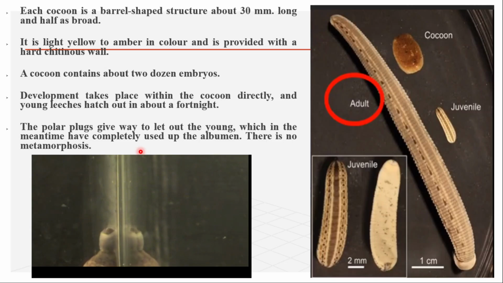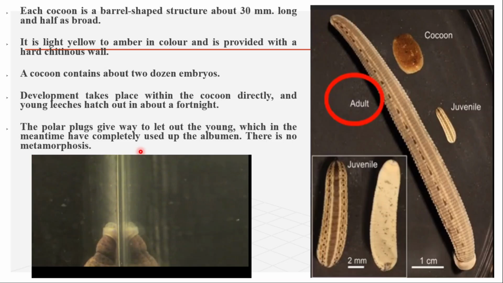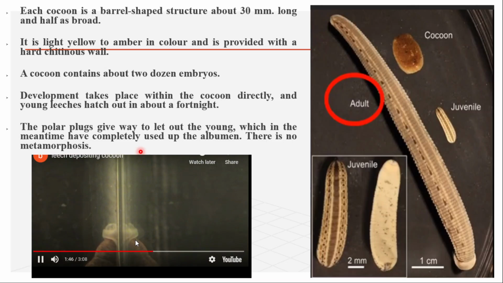Now the complete leech is removed from the girdle, and at that time the mature eggs are released inside the girdle. Both the open ends of the girdle are fused with the polar plugs, the anterior polar plug and the posterior polar plug.